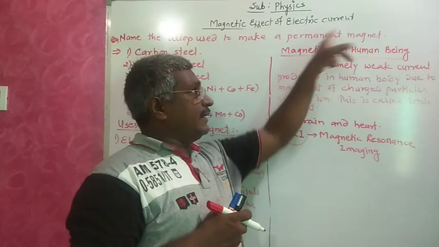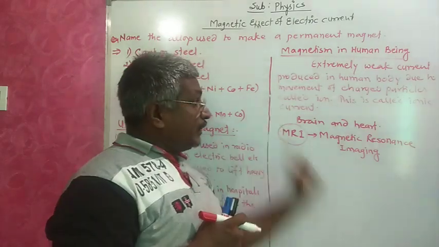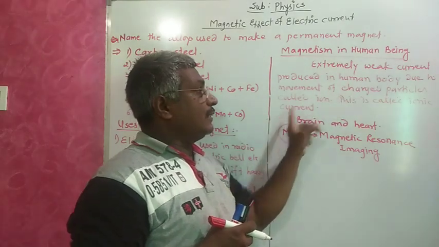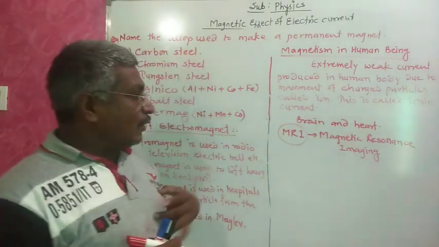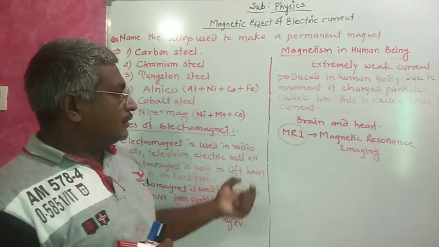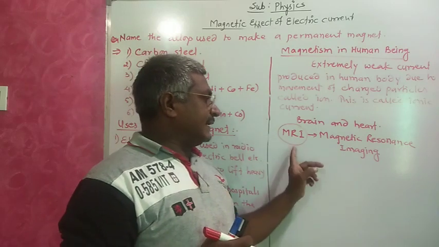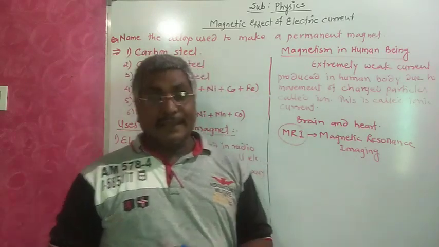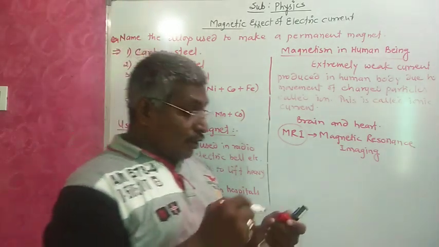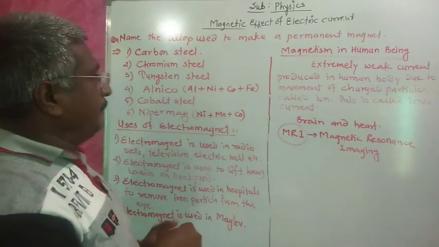Because in our body magnetism is produced due to the ionic current, and with the help of that, one technique is used to check the internal parts of our body. That technique is called MRI, magnetic resonance imaging. Hope you understand, students, this magnetism in human beings.